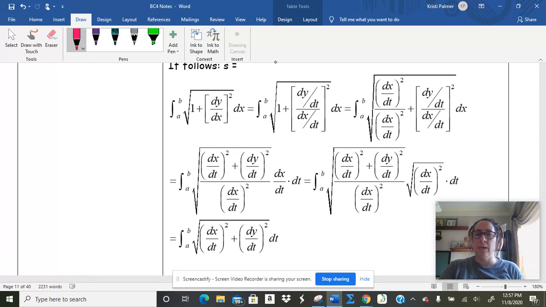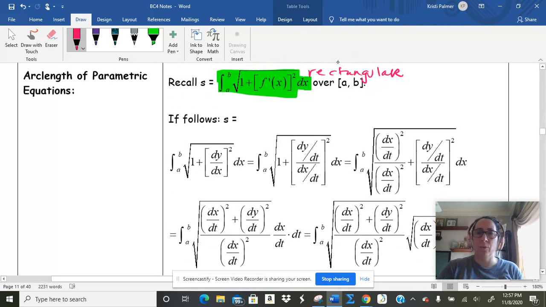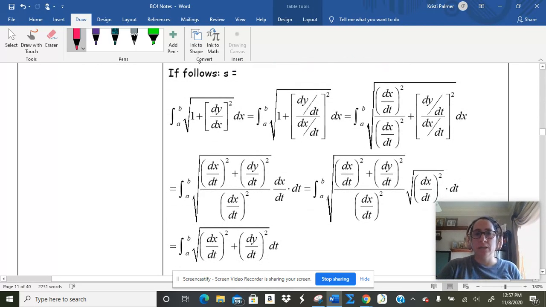So I'm going to rewrite, instead of saying just that f prime, I'm going to say that's dy dx. Once I know that's dy dx, I'm going to say dy dx is the same as dy dt over dx dt.